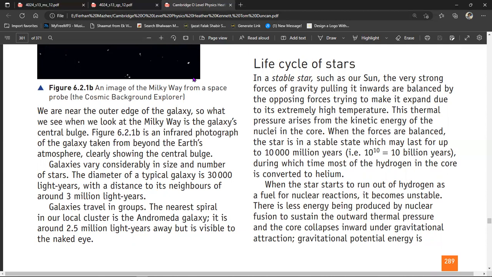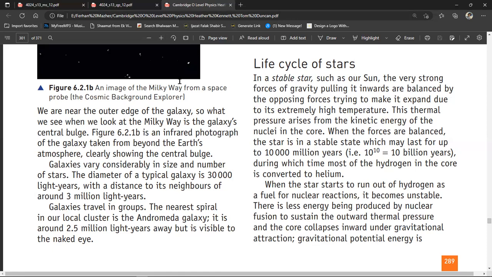When the star starts to run out of hydrogen as a fuel for nuclear reactions, it becomes unstable. There is less energy being produced by nuclear fusion to sustain the outward thermal pressure, and the core collapses inward under gravitational attraction.